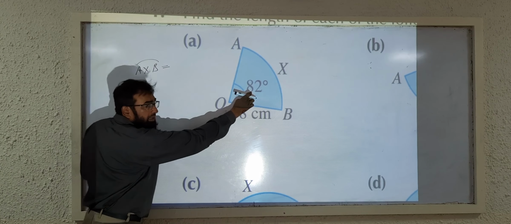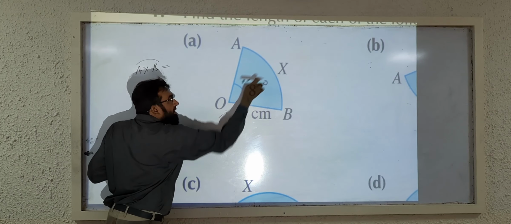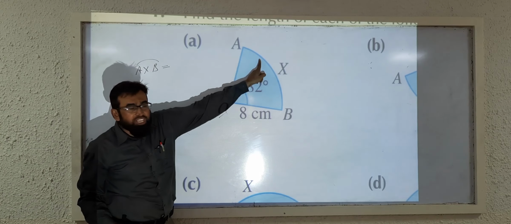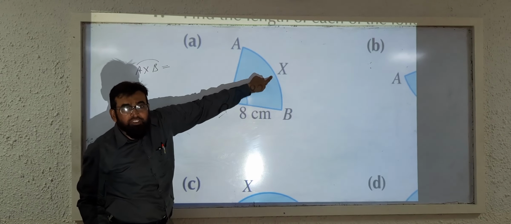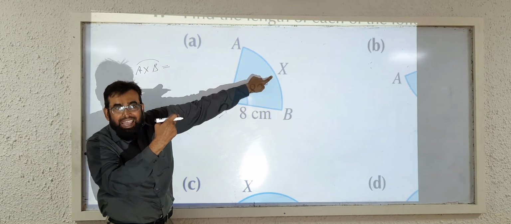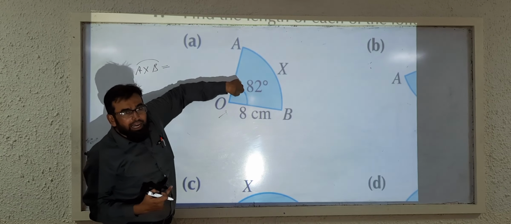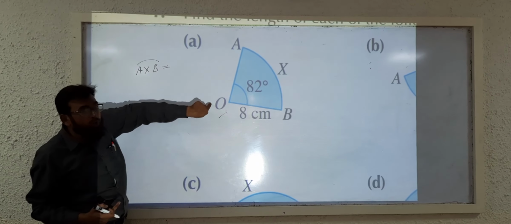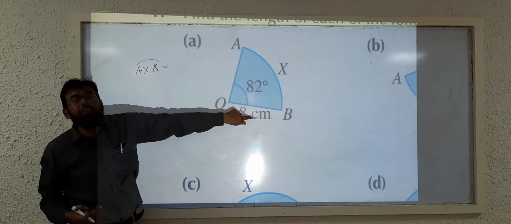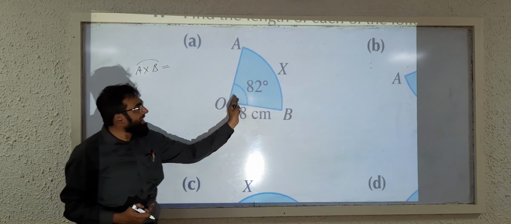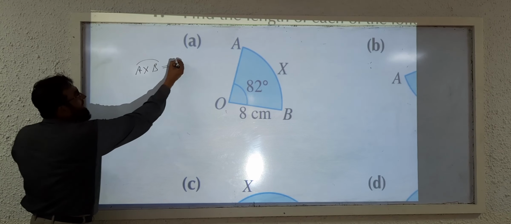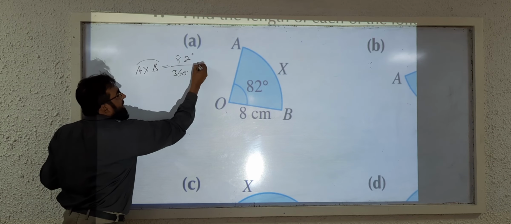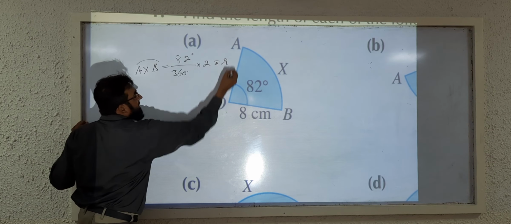So the angle against this length of arc, you will have to see the angle against the arc which is required to be found. Against this arc AXB, the angle is 82. We are not going to take the angle behind this arc. We have to see the angle against this arc. So it is 82 degrees over 360 into 2 pi r.